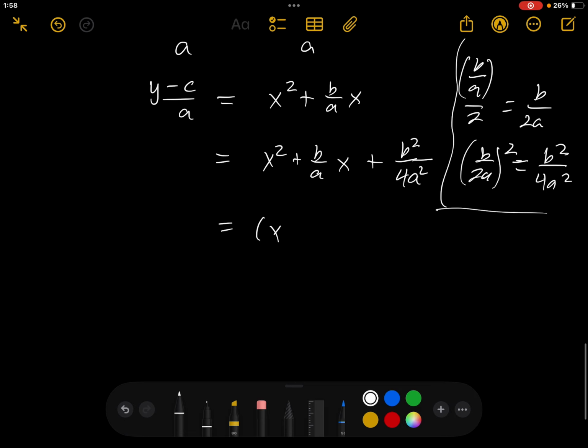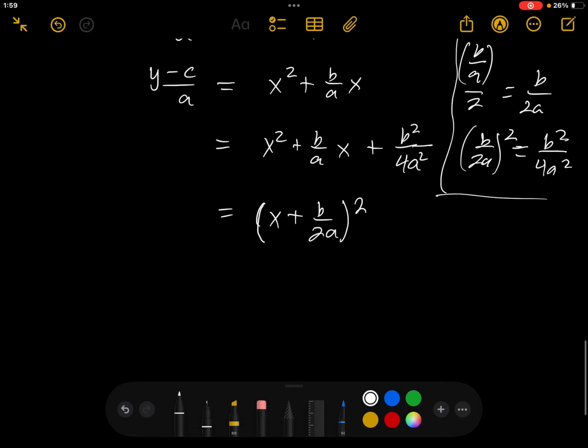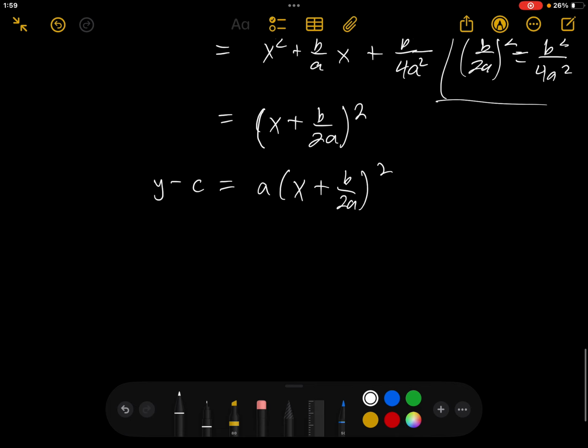And now I can factor this as x plus b over 2a, squared. Now I'm solving for y, so I'm going to multiply both sides by a, so I'm going to get a times the quantity x plus b over 2a, squared. And now the last step is easy. You just add c to both sides.